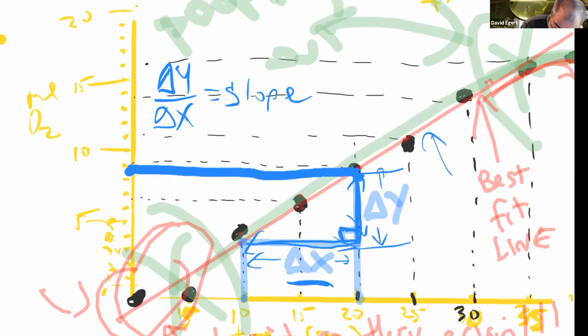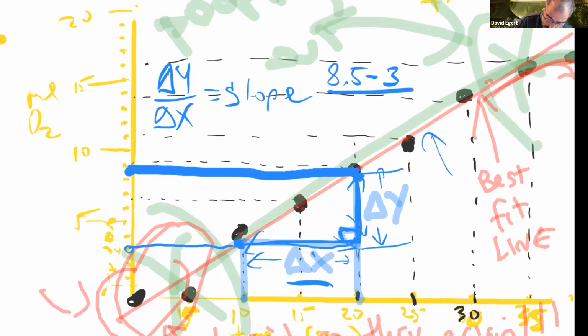So it's going to be 8.5 minus whatever this value is. And again, it's the intersection of the line, not of the dot. When I come across, it's like 4. No, 3. It's 3. So 8.5 minus 3.